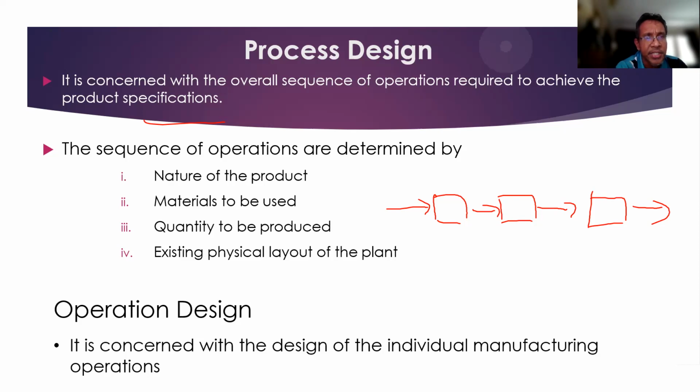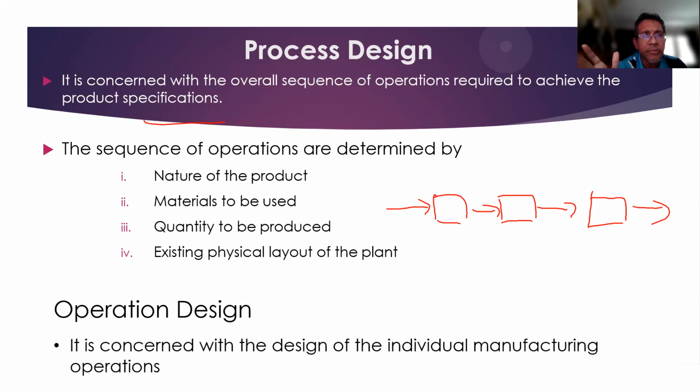So you see the nature, and then we see the materials, and then we see the quantities, existing physical layout in the plant. So all these need to be considered before we do a process design. So why?